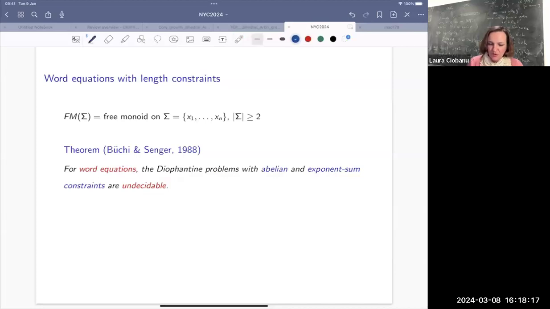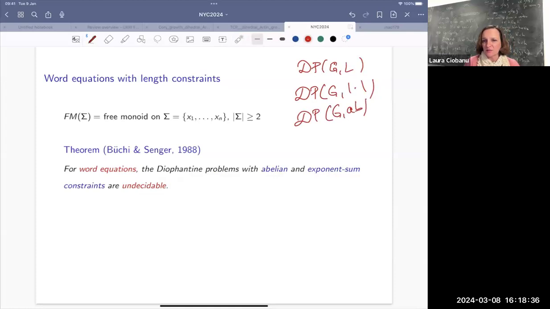So as you recall, I had 3 questions, right? 3 types of Diophantine problems. One was with length, let's say G and L, G for group, L for the length. The second one was for the exponent sums. And the third one was abelianization. Of course, you can abelianize a monoid too, right?